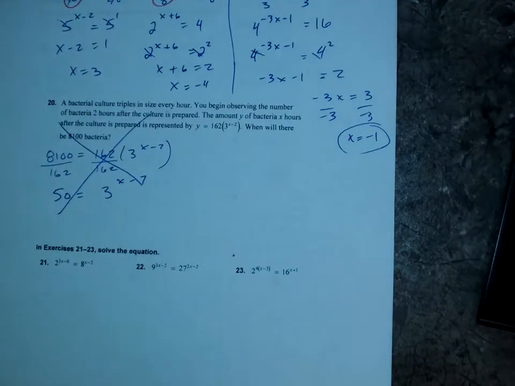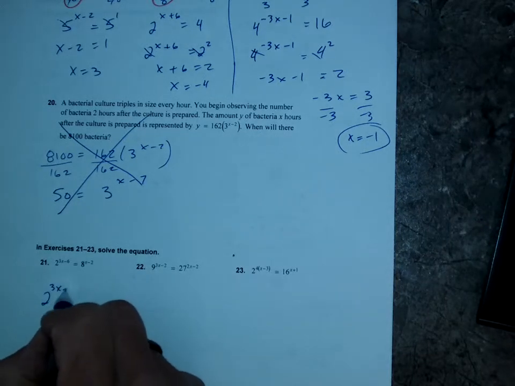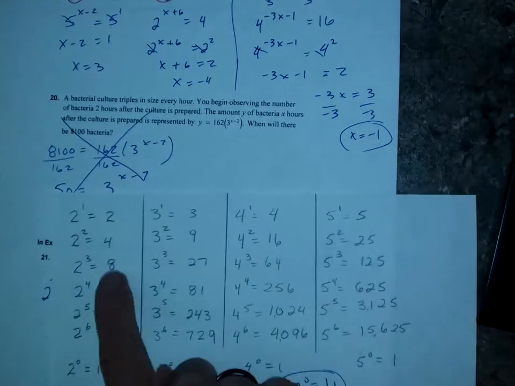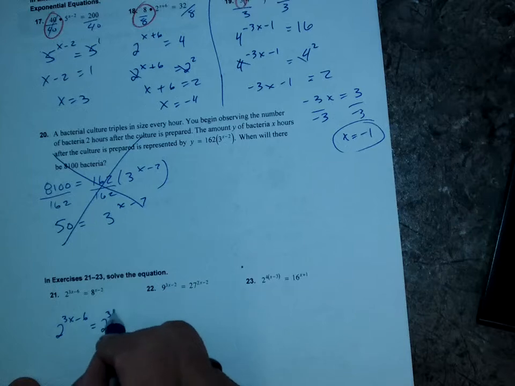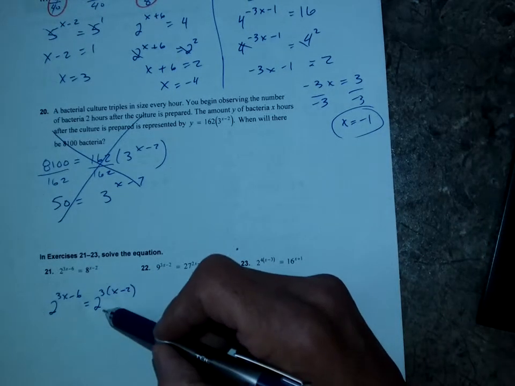Now, 21, we can do 21. 2 to the 3x minus 6 equals 8 to the x minus 2. I know that 8 is 2 to the third. So I have 2 to the third with my x minus 2. I just changed 8 into 2 to the third.